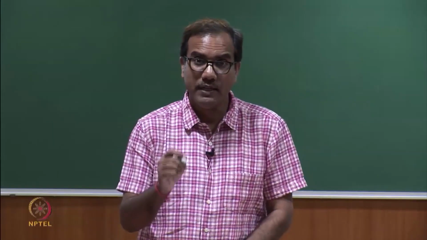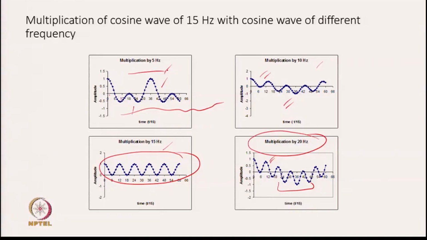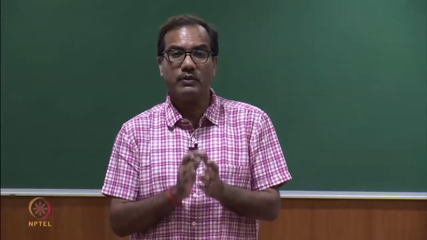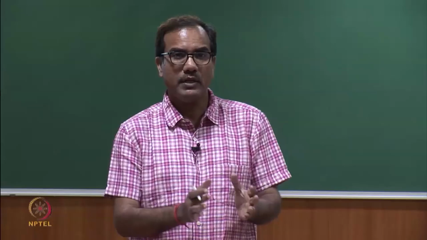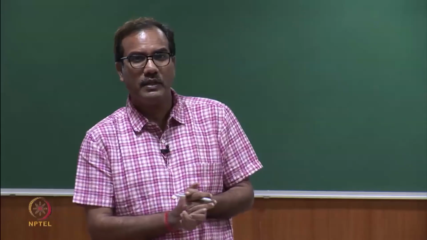If we multiply cosine wave of 15 hertz with cosine wave of 5 hertz, this will be 0 in this case also, and this sum of amplitude is going to be 0 when we multiply by cosine wave of 20 hertz. In only one case it is not going to be 0, when you multiply cosine wave of 15 hertz with cosine wave of 15 hertz.